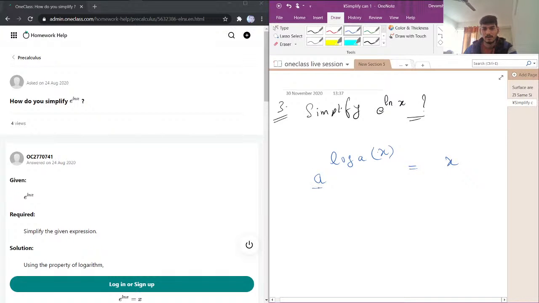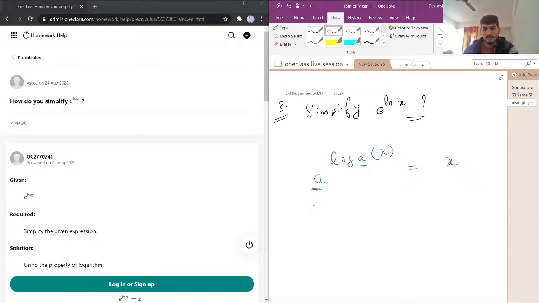So if the base of the log is the same as the number which is raised to the power, basically if we have a number and on the power of that number we have a log whose base is equal to this number, then this log vanishes and we get only x.